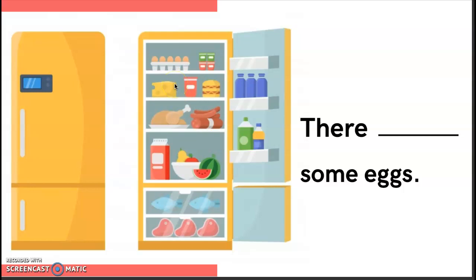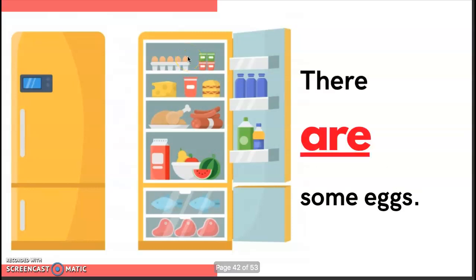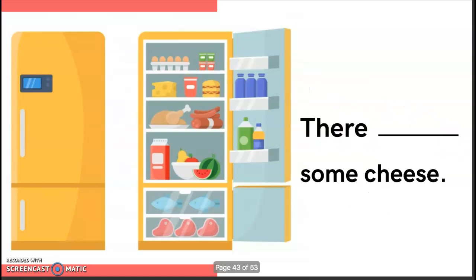I don't think so. What's this? There are some eggs. It's plural. How many eggs are there? 1, 2, 3, 4, 5. There are 5 eggs. Very good.